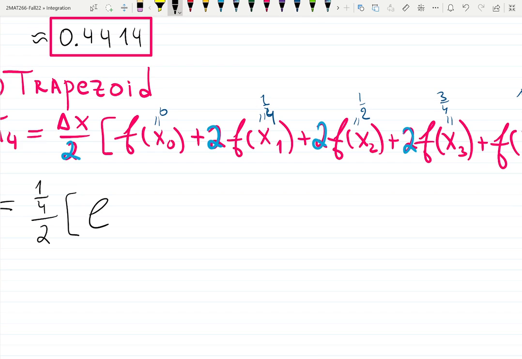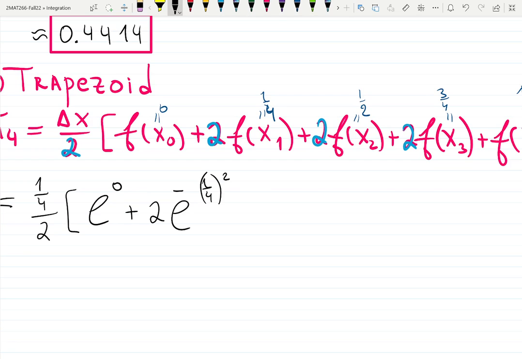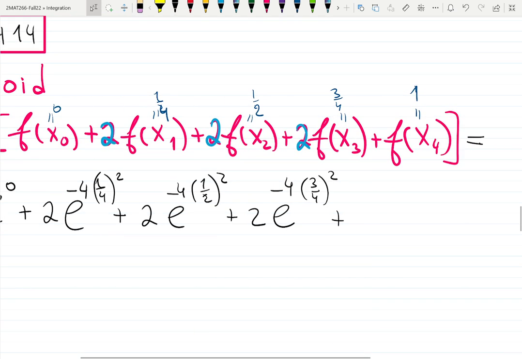So we're gonna have e to the 0, plus 2 e to the minus 4 times 1/4 squared, plus 2 e to the minus 4 times 1/2 squared, plus 2 e to the minus 4 times 3/4 squared, plus 1 times e to the minus 4 times 1 squared.